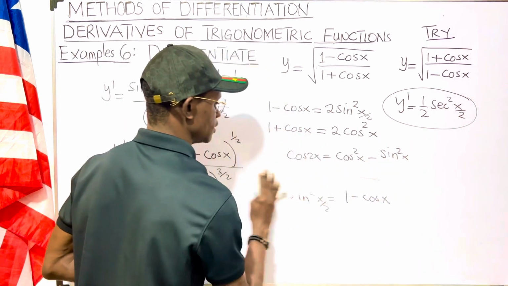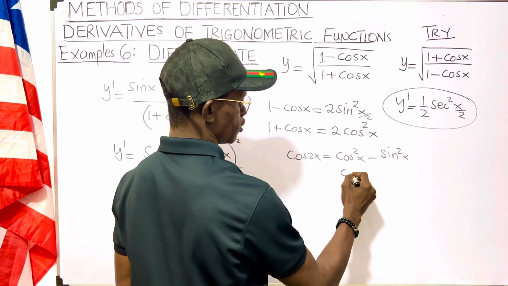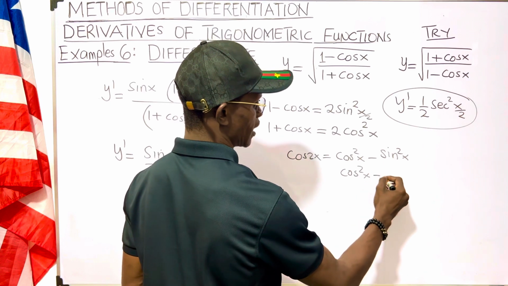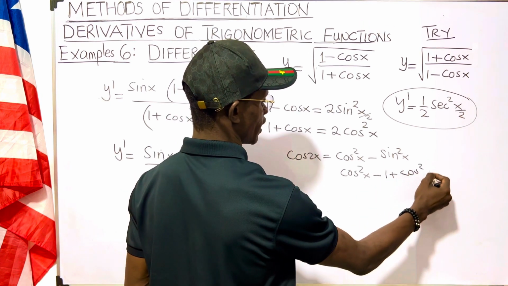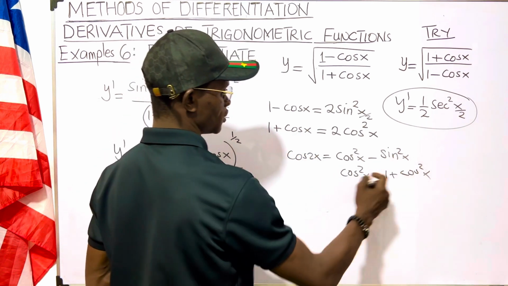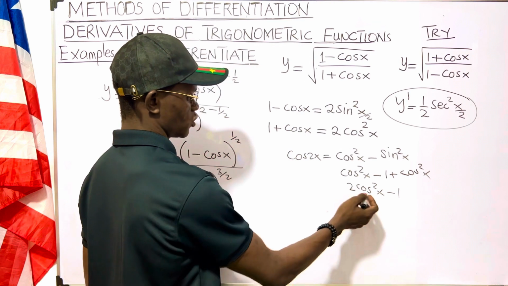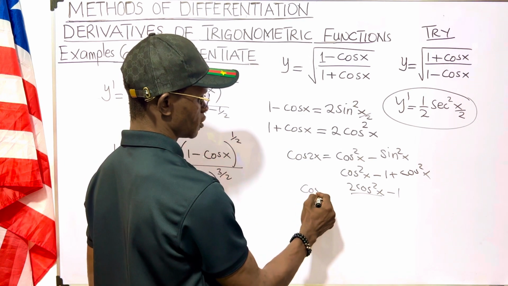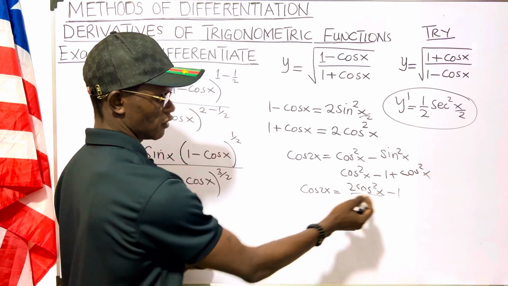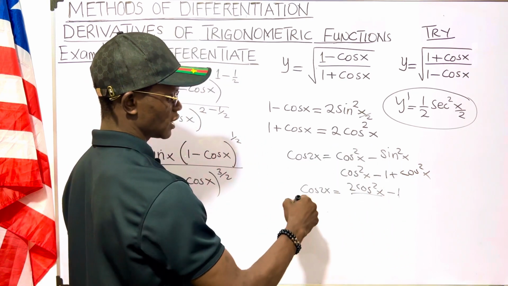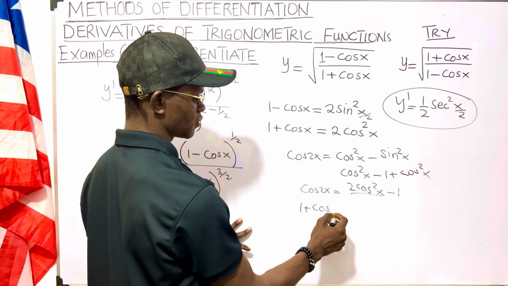So if we were to replace this sine, it means you have cos square x minus 1 plus cos square x. So this is 2 cos square x minus 1. So if this cos goes across, it's cos of 2x. If this 1 comes on this side, you have 1 plus cos of 2x.